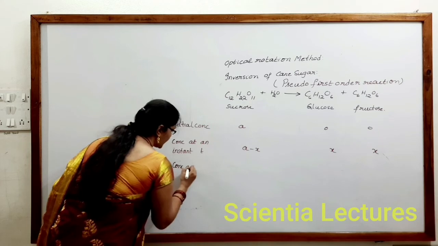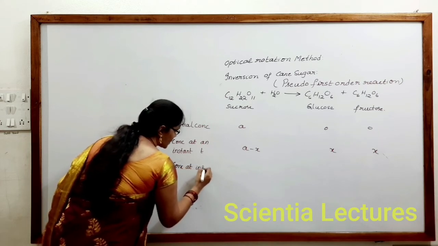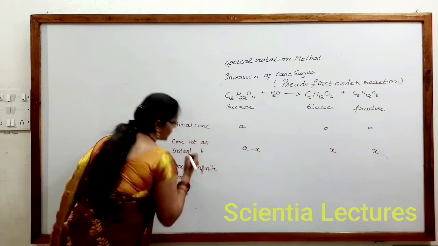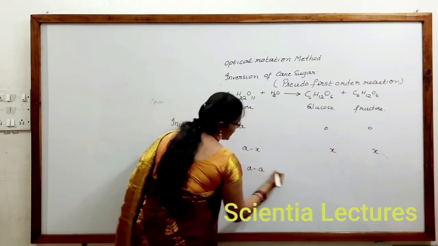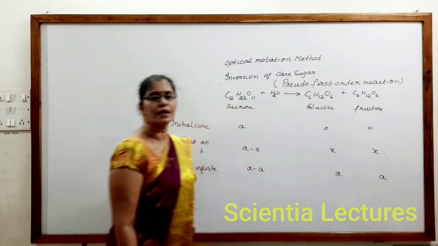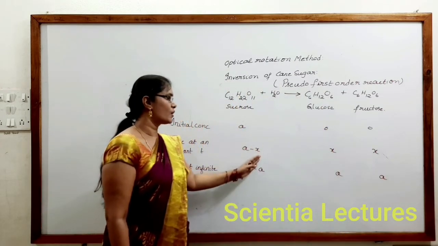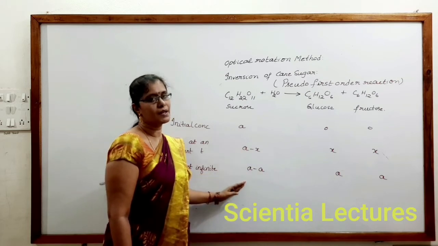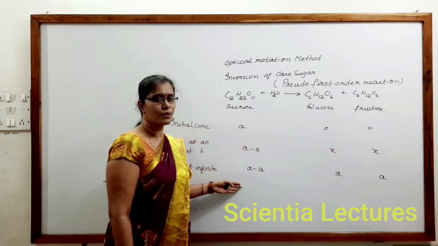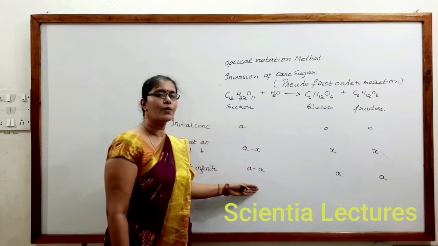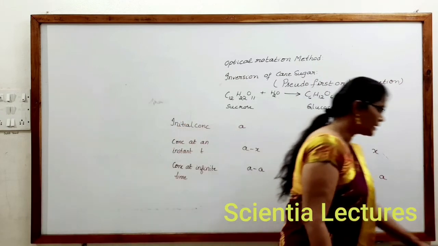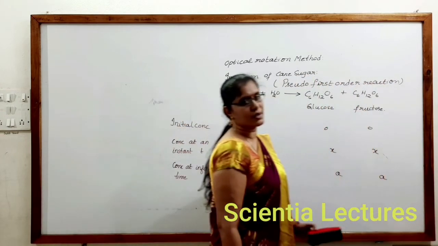Concentration at infinite time, let us take it as a minus a, as usual. We take it in the same way: x amount has reacted, the remaining is a minus x. At infinite time, the total reaction is almost completed; that is, the total a amount would have reacted and it leads to the formation of a amount of acid, that is glucose and fructose in this case.